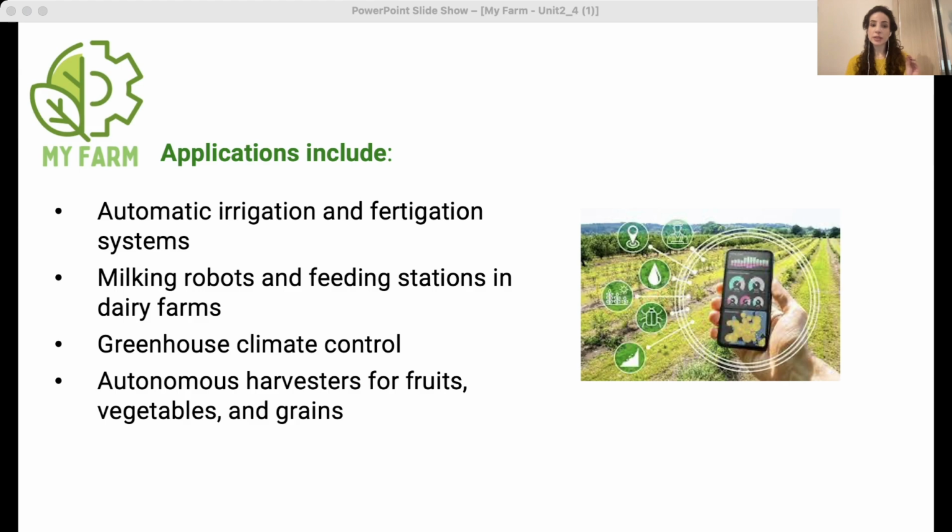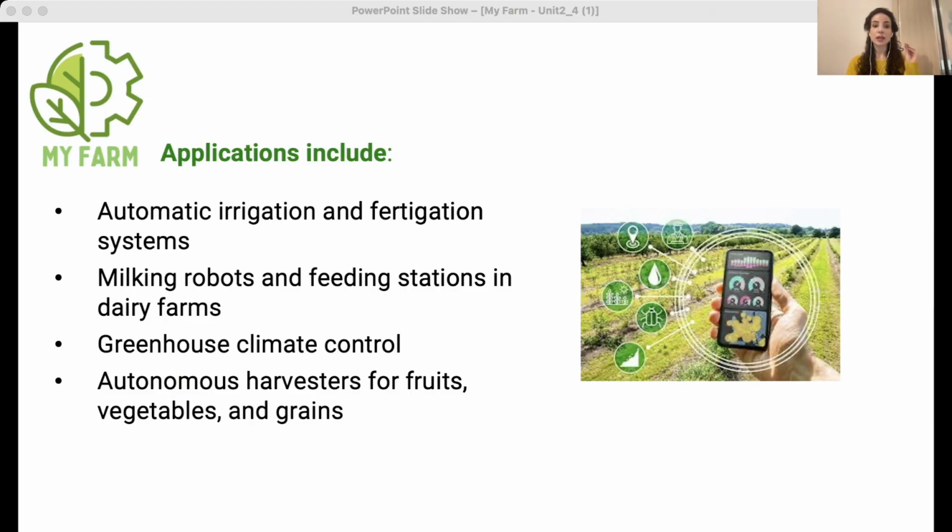In practice, automation appears in many forms across modern agriculture. In crop production, automated irrigation and fertigation systems adjust water and nutrient delivery based on real-time conditions. In livestock systems, milking robots and automated feeding stations help to improve consistency, animal welfare, and labor efficiency.